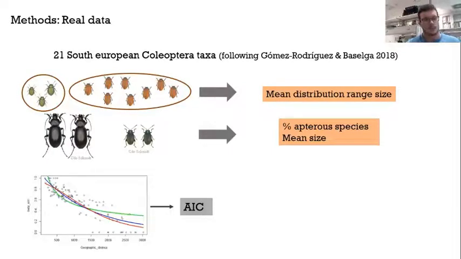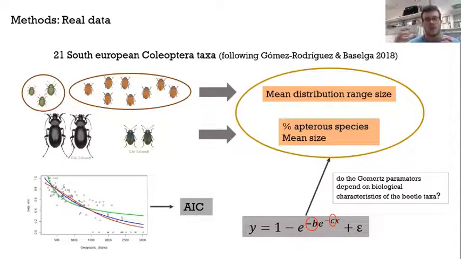We also fit exponential, power law, and Gompertz function to this data and compare them with the Akaike criterion. Trying to give a biological interpretation to the Gompertz parameters, we compute the correlation between the parameters and the biological characteristics of the Coleoptera taxa.